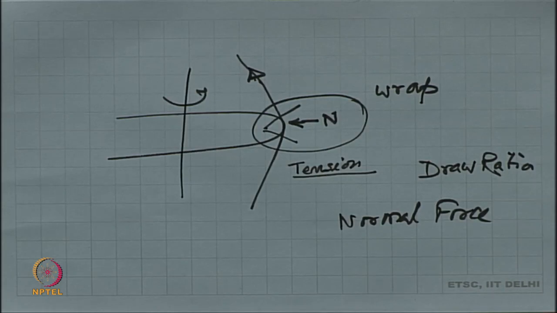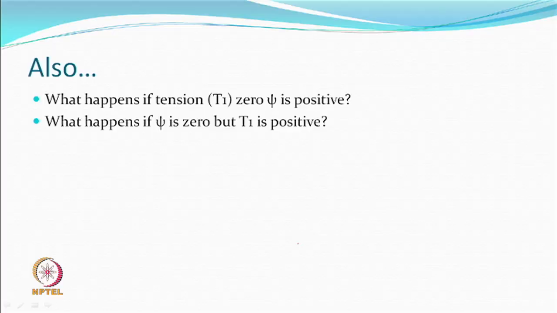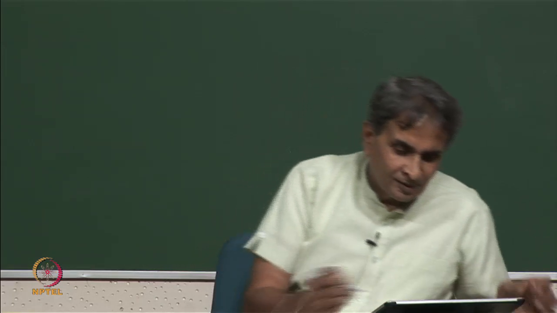All right. And then second question, what happens if angle of wrap is 0, but there is tension? No, there may be contact with the disc. You can always make sure that there is a contact.